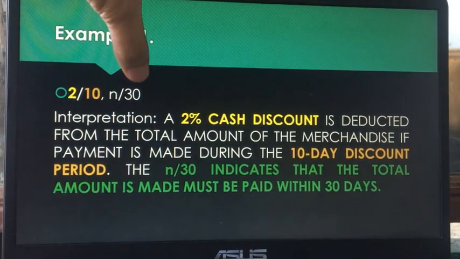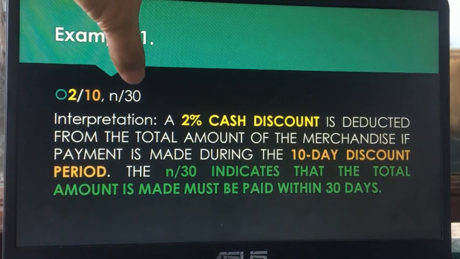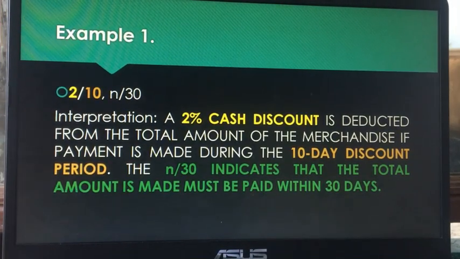And the number, as the denominator of your N, indicates the number of days of the overdue from January 1, say for example, the first 30 days, that is January 31. If you pay on February 21, therefore, that is overdue already. So meaning, an approximation of 1% will be added to the cash amount or the total amount of merchandise you purchased. Okay? So that is example number 1, and that's how we interpret payment terms.